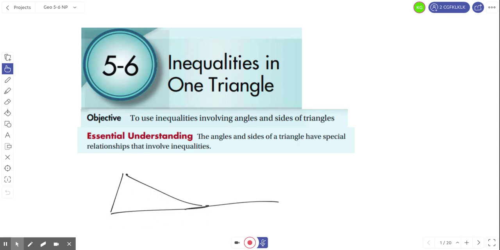if you have a triangle and an exterior angle, this angle will be bigger than this angle or this angle. We can guarantee that that will always be true.